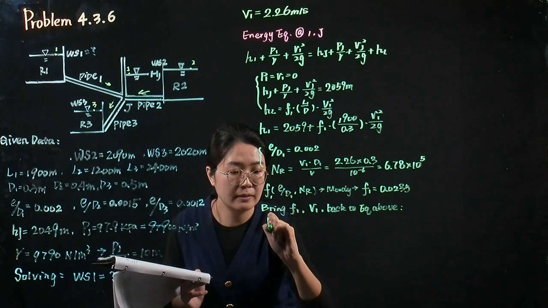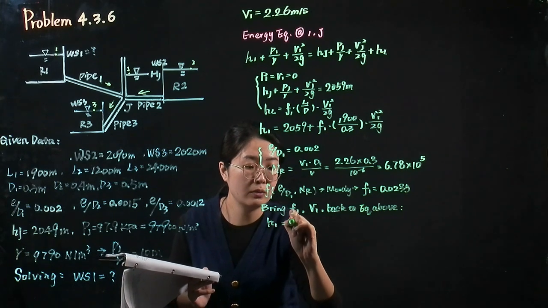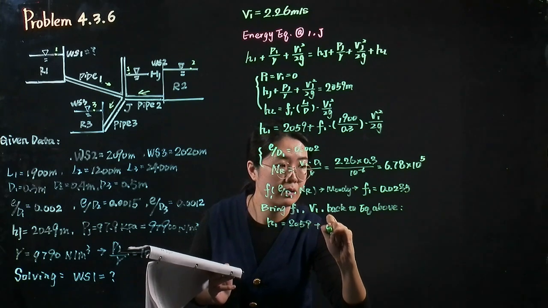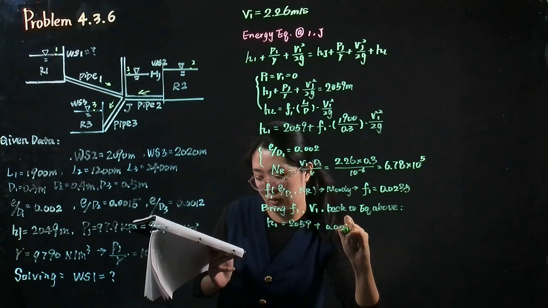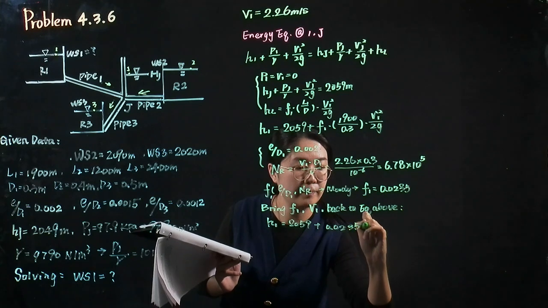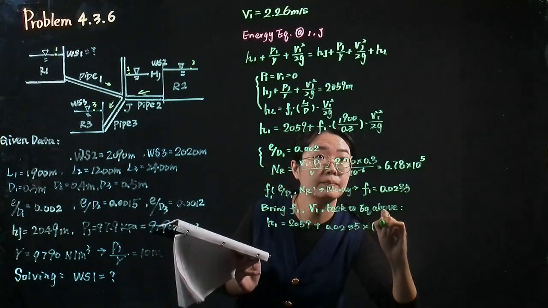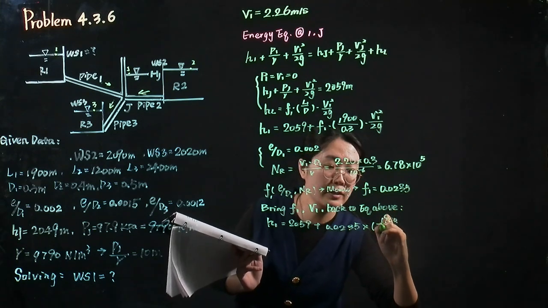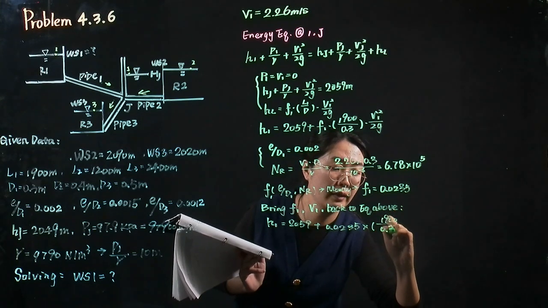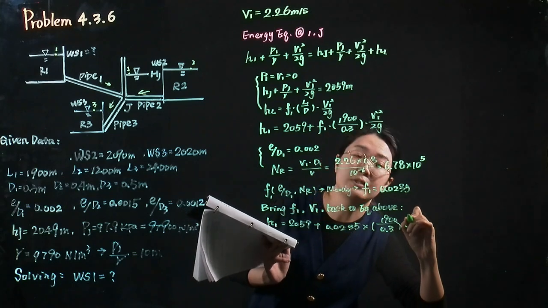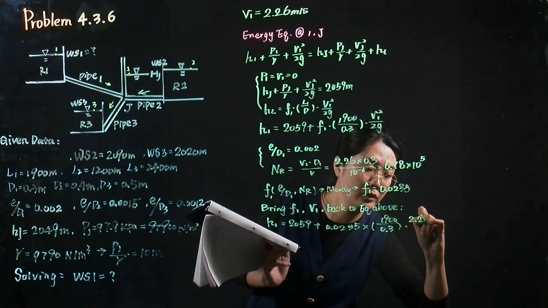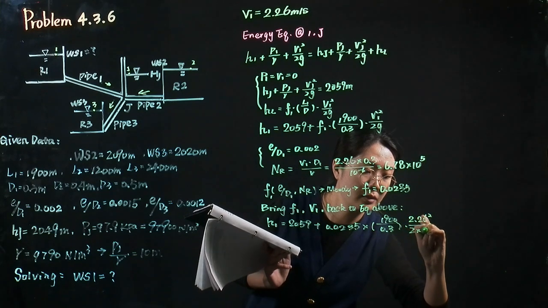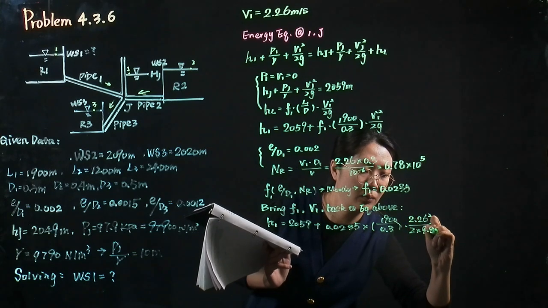We can get H1 equals 2059 plus 0.0235 times 1900 over 0.3 times 2.26 squared over 2 times 9.81.